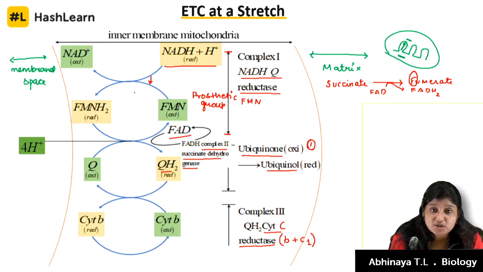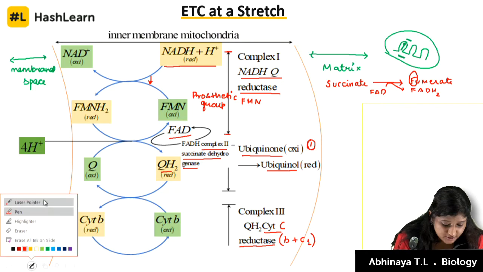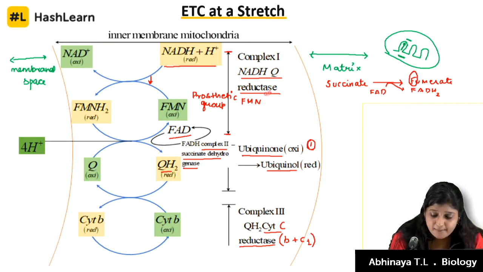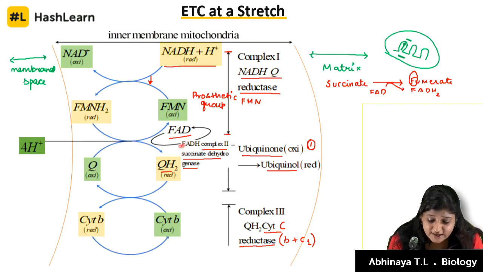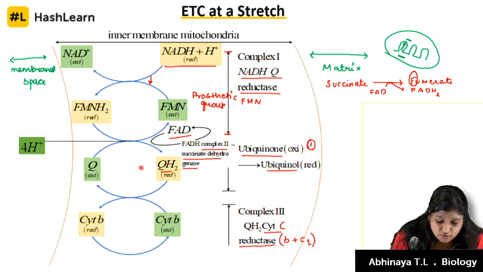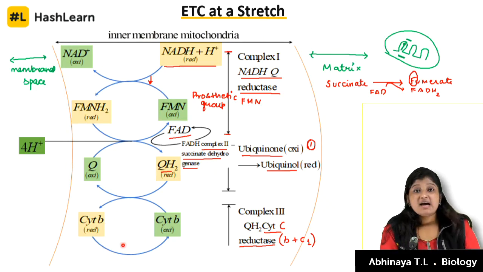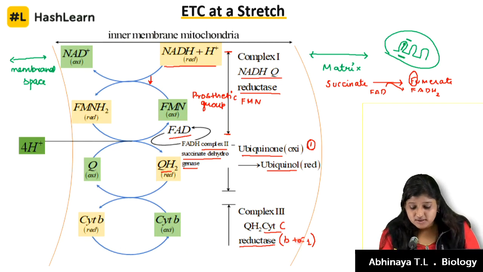NADH is from complex 1, I will put a laser pointer here, NADH is from complex 1 to ubiquinone to complex 3, which is called cytochrome C reductase. And entry of FADH2 is from complex 2 to ubiquinone to complex 3, that is cytochrome C reductase. Fine.